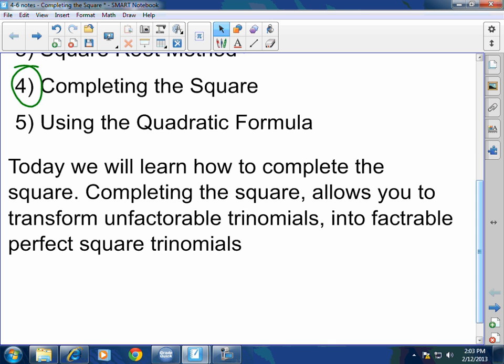Remember when we did that, especially for unit rate and distance and all that stuff? We don't have to worry about that anymore. We're going to know how to do it today. So if it's unfactorable, you can turn it into a factorable perfect square trinomial. That's the goal, to turn a trinomial that is unfactorable into a factorable trinomial.